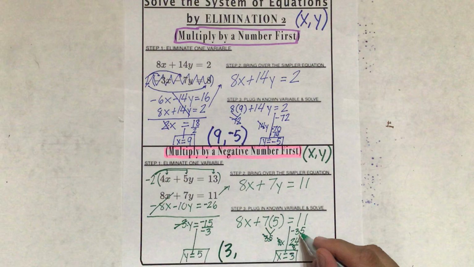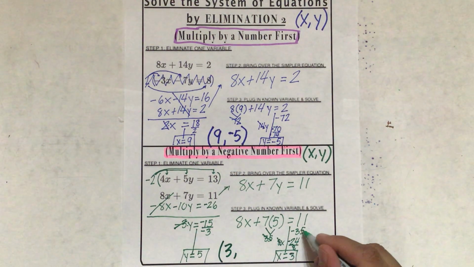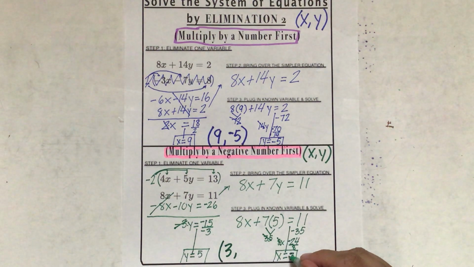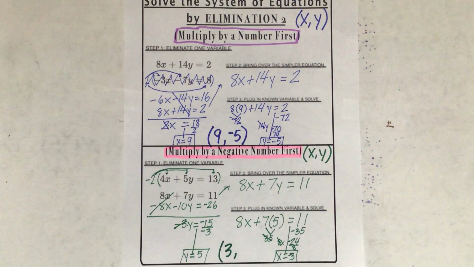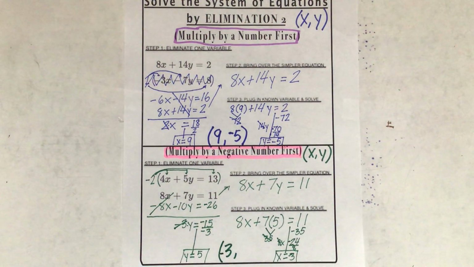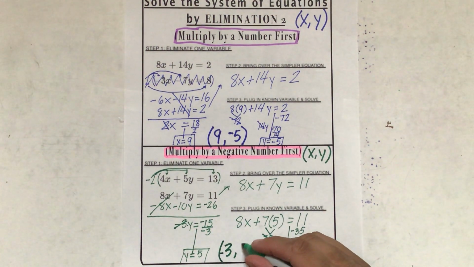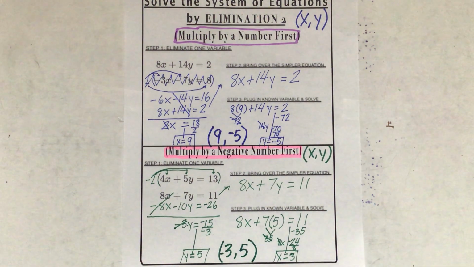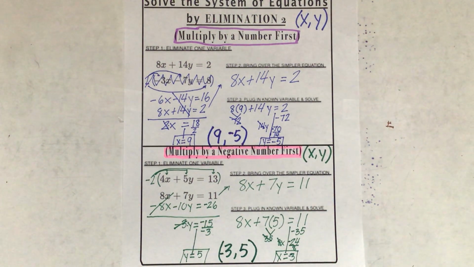Because look, this would be a negative 24 because my 35 is bigger, and that's a negative. A negative divided by a positive is a negative. So this should be negative 3, comma, positive 5. And there you go. And that's my final solution for this bottom equation.